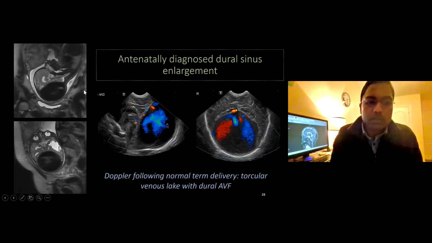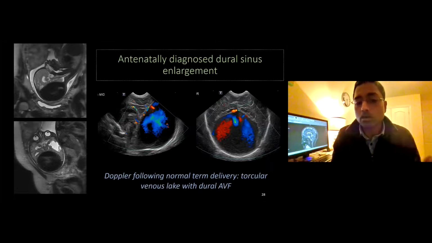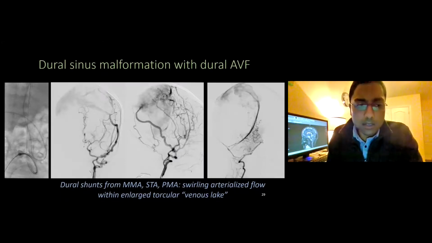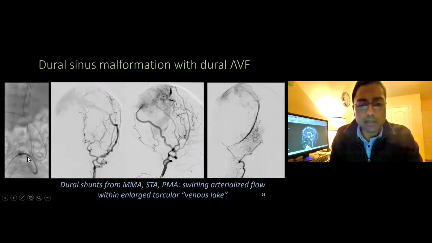And then what happens is the brain is not able to flow out because the brain also requires the same torcula to drain. So this actually has a very poor prognosis. You can see here, this is again, I did this through the umbilical access, and you can see all these dural shunts. So you can see the difference here between the adult type. These are direct shunts which open into this venous lake.